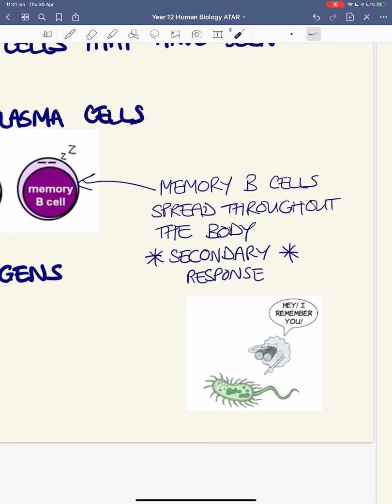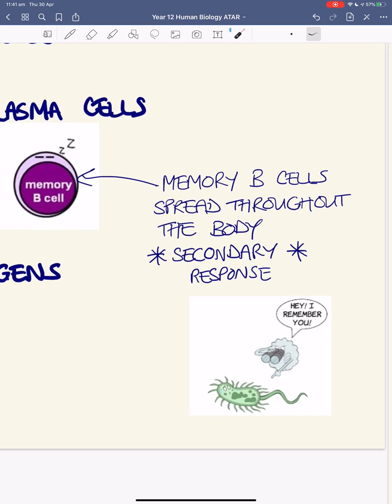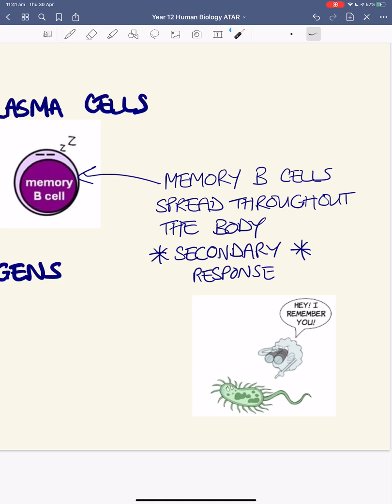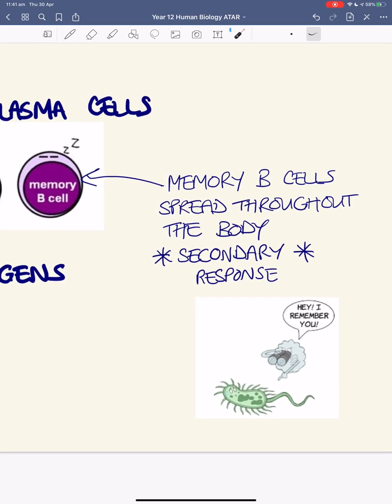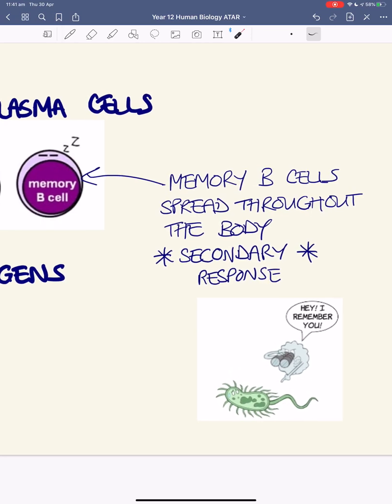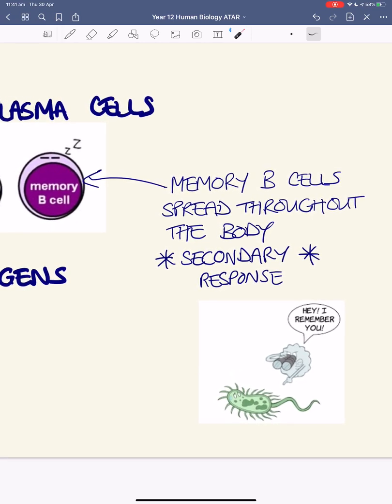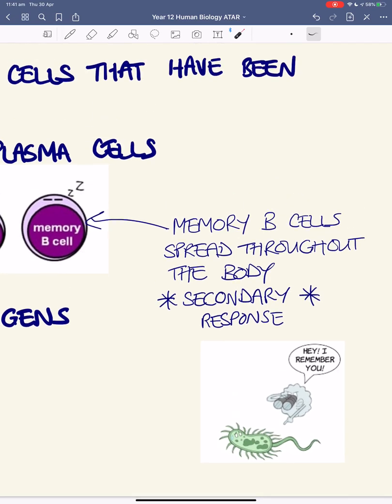So when we spot the same foreign pathogen again with the same antigenic markers on its surface, the memory cells are stimulated to rapidly produce more plasma cells, which will produce more antibodies at a much faster rate, more rapidly, and in a higher concentration, and they persist in the body for longer.